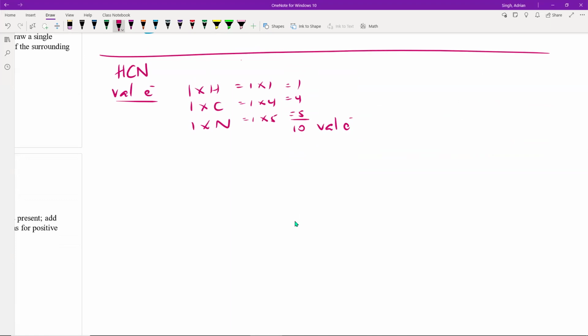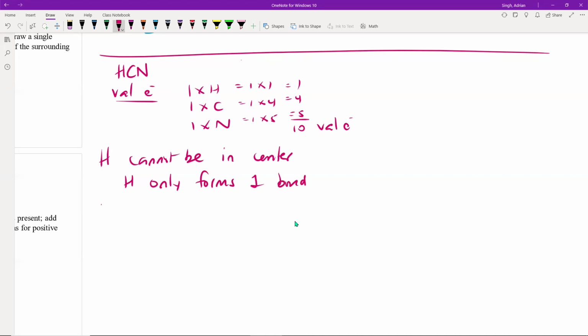Well, hydrogen is the least electronegative, but hydrogen cannot be in the middle. Okay, this is important. Hydrogen cannot be in the center because hydrogen can only form 1 bond.